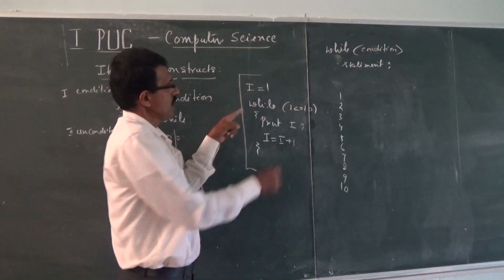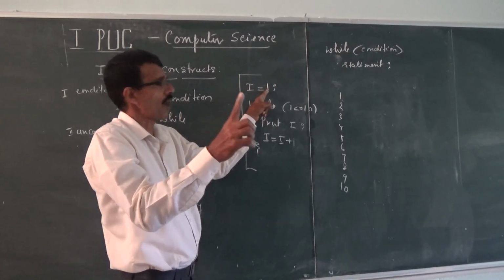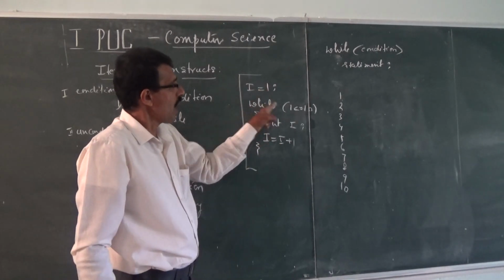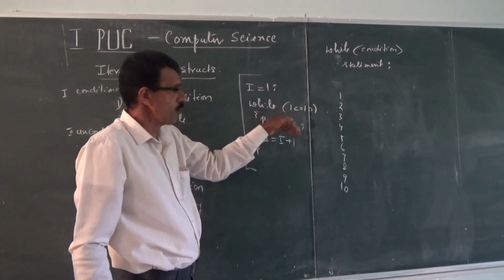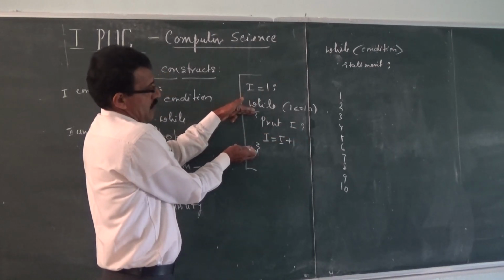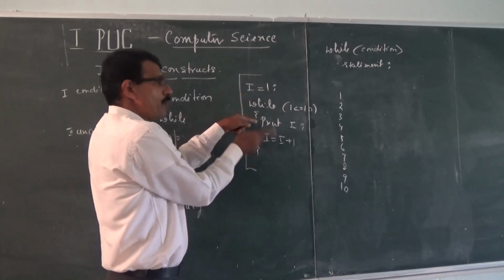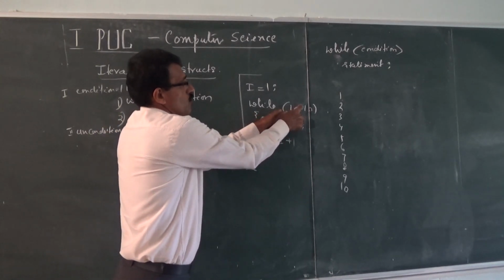Just see here, I is equal to 1. The initial value of I is 1. While I is less than or equal to 10, that means you have to execute something. The statement you have written here is to be executed repeatedly as long as I is less than or equal to 10.